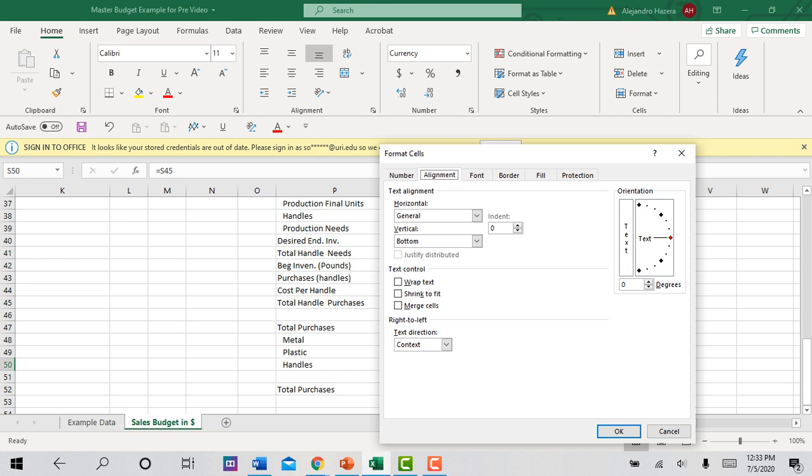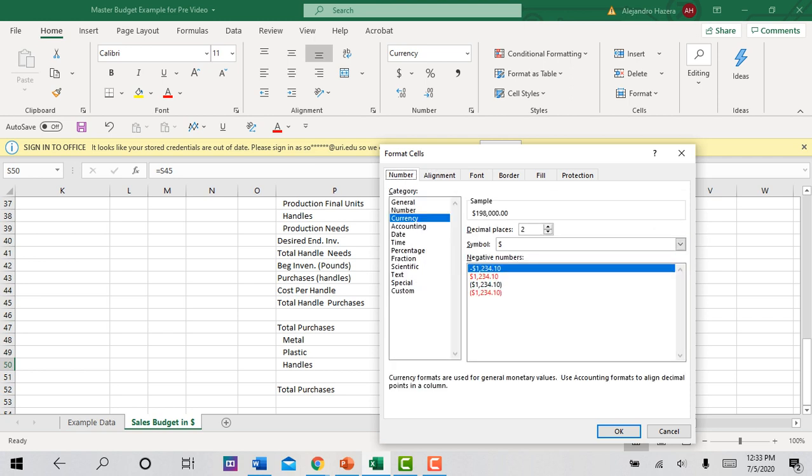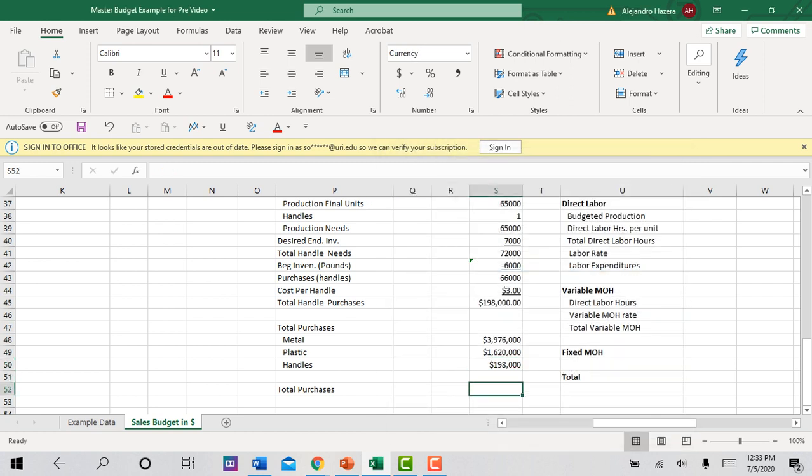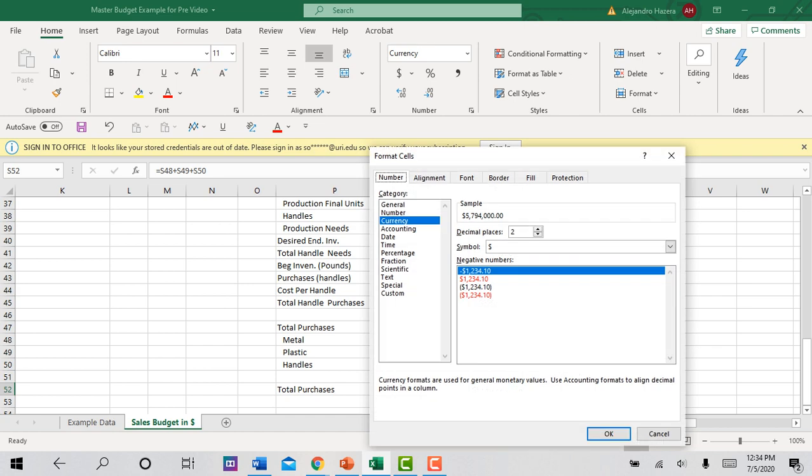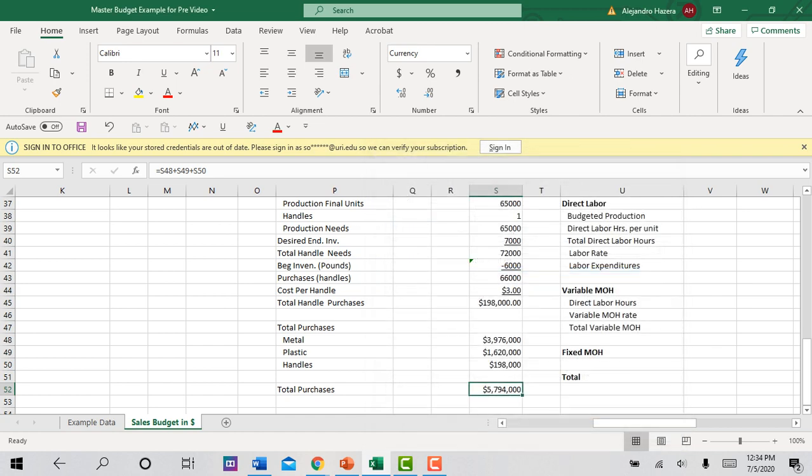So our total purchases are going to be about 4 million plus 1.6 million plus 198,000. So we're going to have to purchase, and once again I'm going to take the zeros out of here, about $5.8 million worth of direct materials.